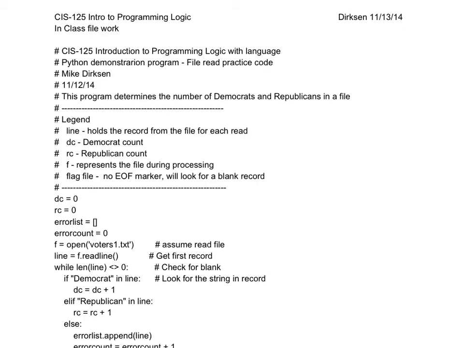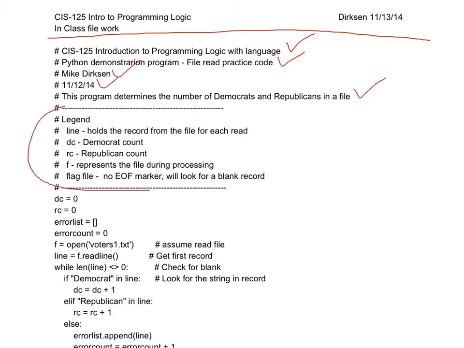So let's just take a look at a little bit of this. So we've got a document in which I have my code in. Okay? And I just updated this a little bit today. So we've got the name of it, file, author, date, what it does, okay, and then I create a legend.